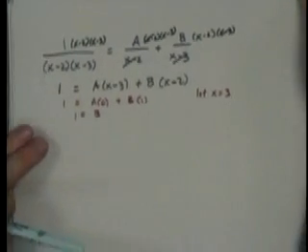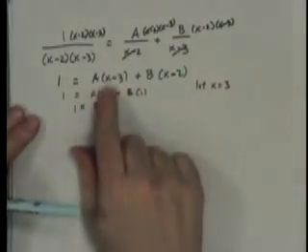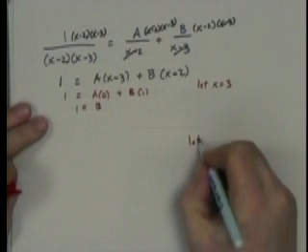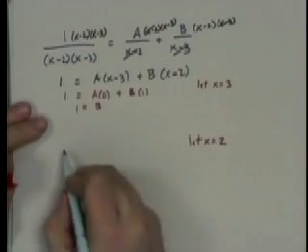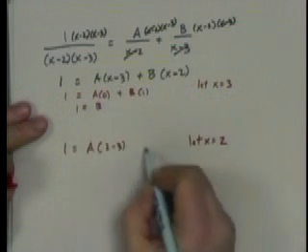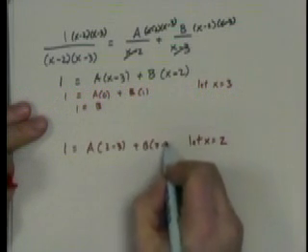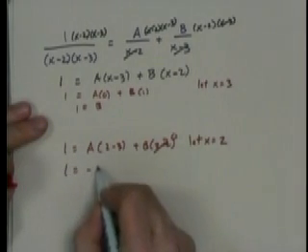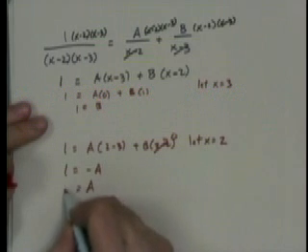Thinking that same idea, what if I want to cancel the b out and figure out what a is? What would I let x equal? Yeah, let x equal 2. Then 1 is going to be a times 2 minus 3, which is negative 1. This part's going to go to 0. So 1 equals negative a. So a is negative 1.